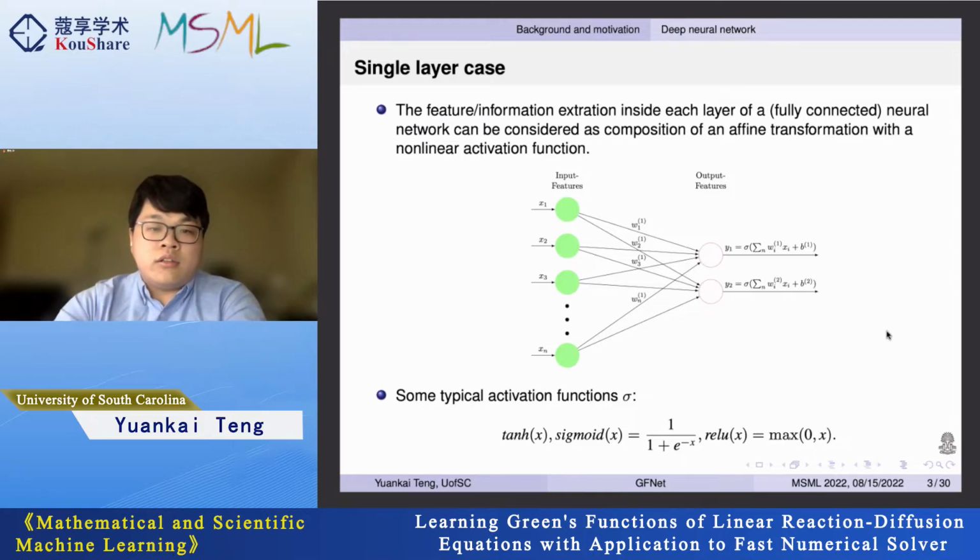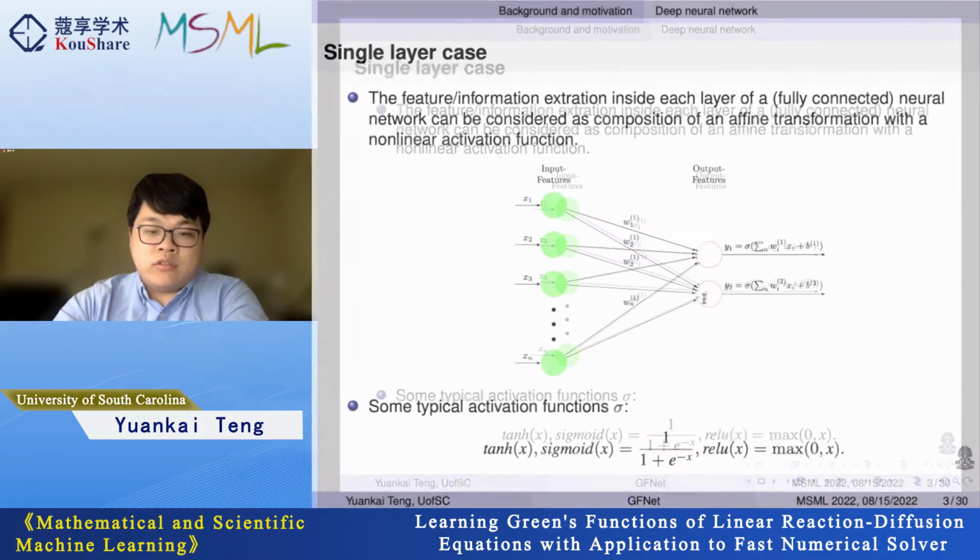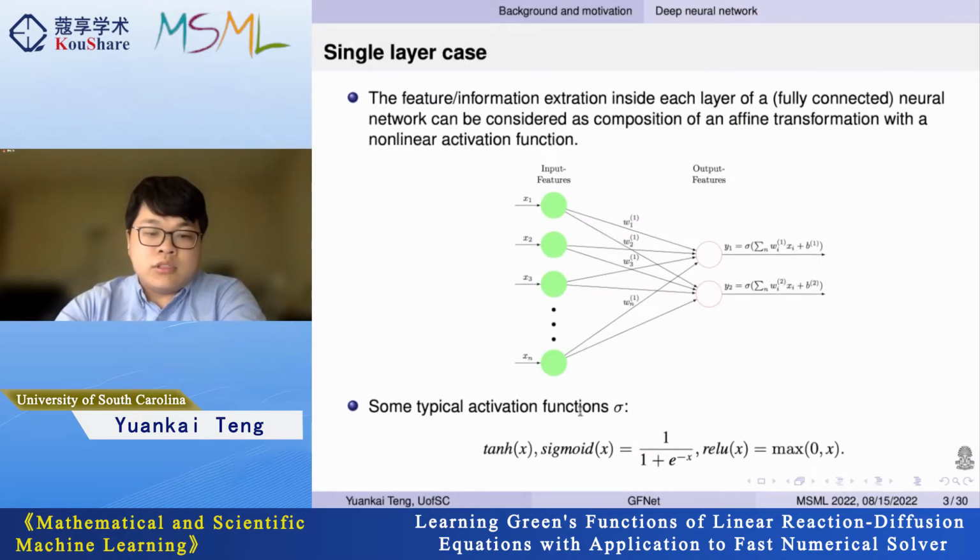You can see in the graph below that you can take n-dimensional input, and then you will get a different dimensional output. Here I put the output dimension as 2 and the input dimension is n. Then you can compose an activation function sigma with the affine transformation. And typically we can use tanh, sigmoid or ReLU as the activation function sigma.